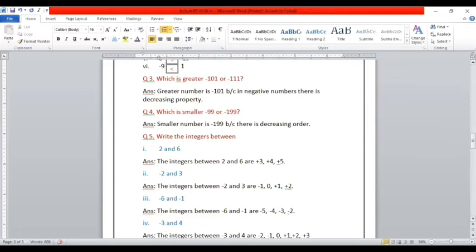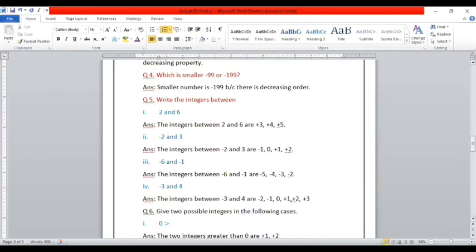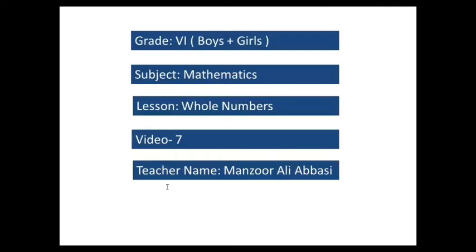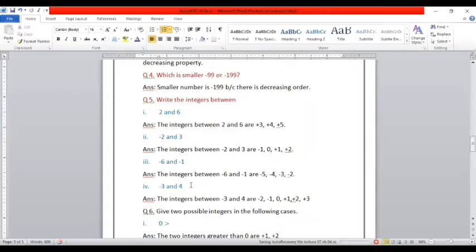So here I will consider question number 4, minus 3 and 4. Same way, after minus 3, there exists minus 2, comma, minus 1, comma, 0, then plus 1, plus 2, plus 3.